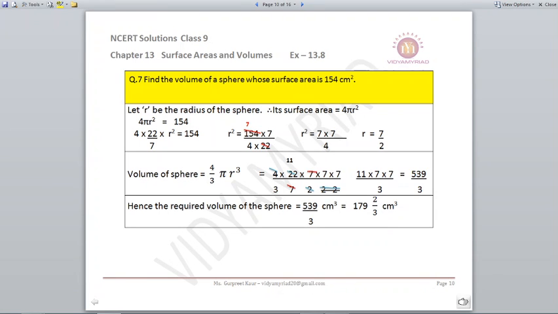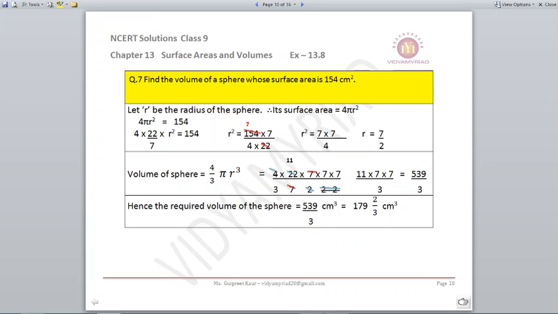Question number 7. Find the volume of a sphere whose surface area is 154 centimeter square. Now we should know the formula for surface area, that is 4 pi r square. It is already given to you as 154. So from the formula we can find out r or radius, that comes out to be 7 by 2.